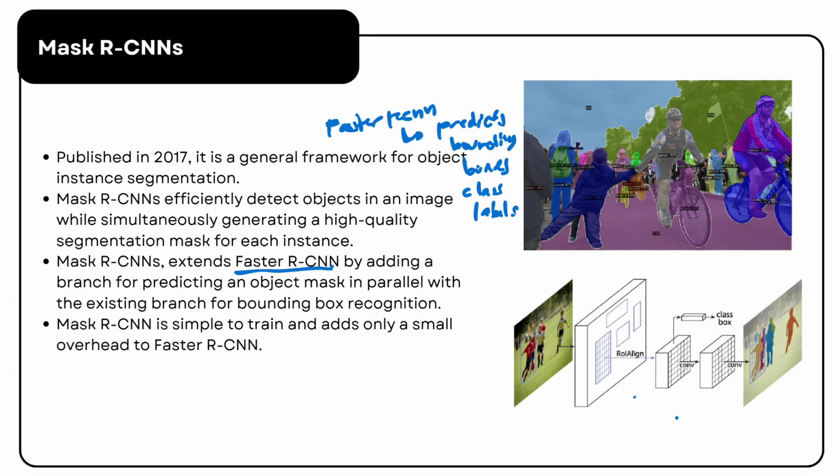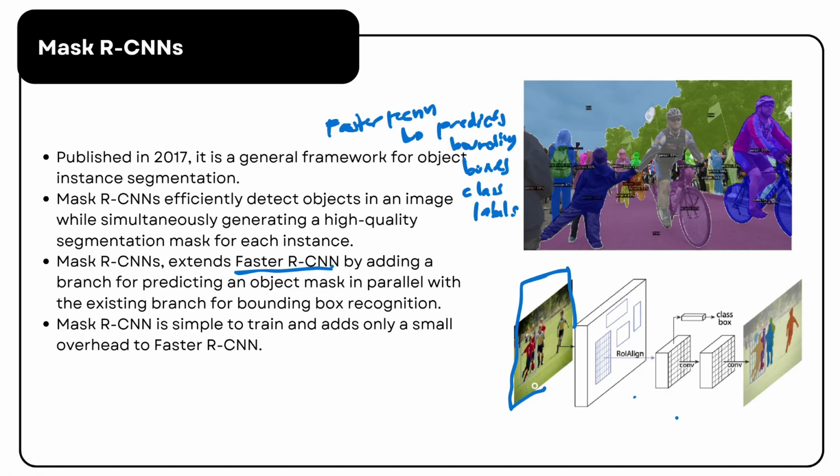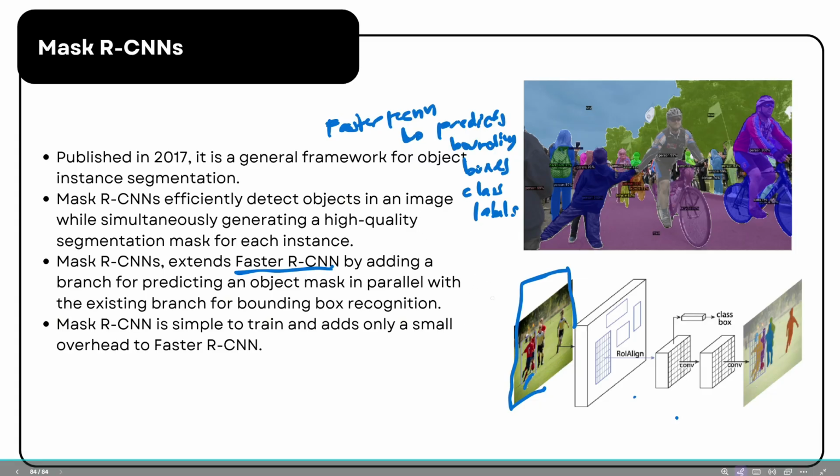So it starts from the Mask R-CNN backbone, as you can see here, to detect objects and their bounding boxes, of course.